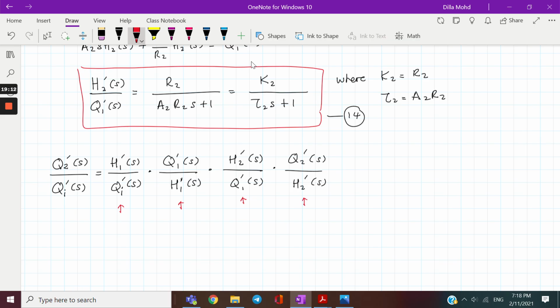And this one relates the outflow Q2 to the level of tank 2, which is H2. So mathematically, if this one you can cancel, right? And when you cancel, you can actually get to Q2 prime over Qi. But what we are going to do now, we are going to take all the transfer functions that represent each of those.